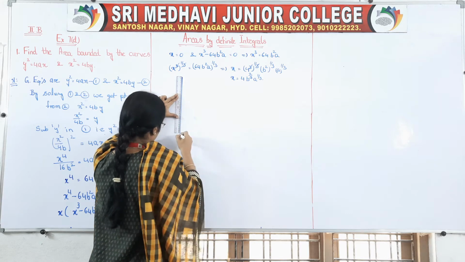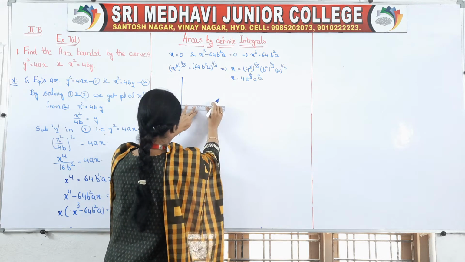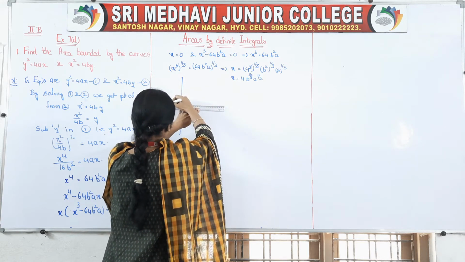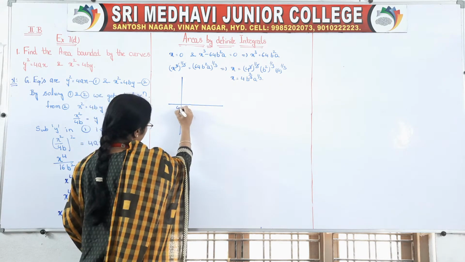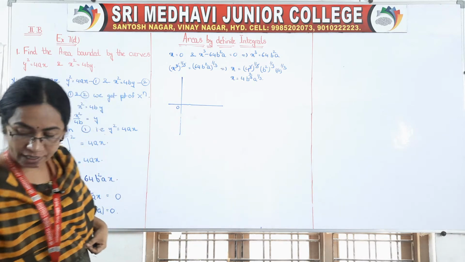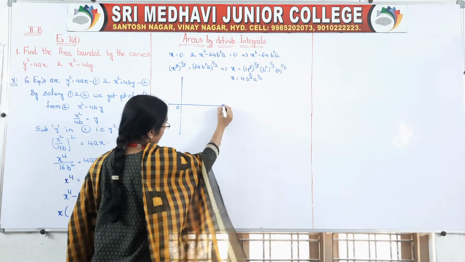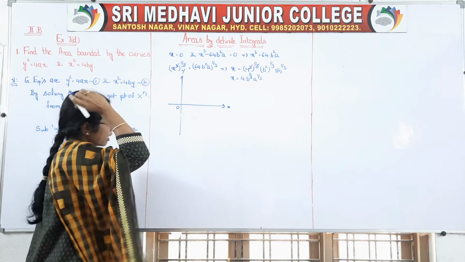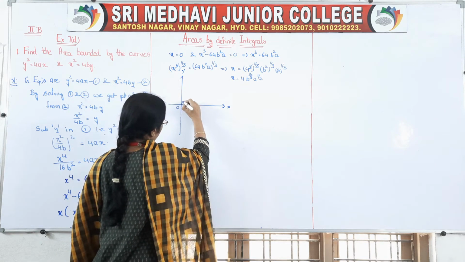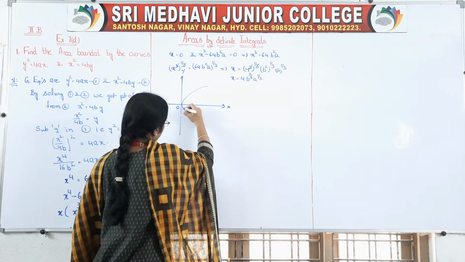So we will draw the x-axis and y-axis. Okay, so for that, if you observe, this is your horizon, right? This is your x-axis, right? This is your y-axis. Okay, so one parabola will be like this, right?